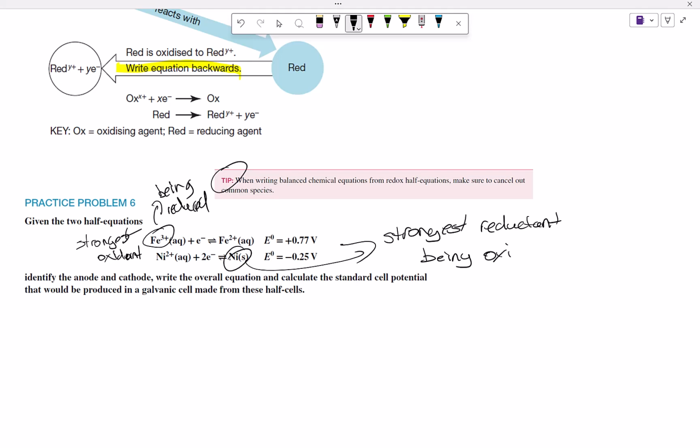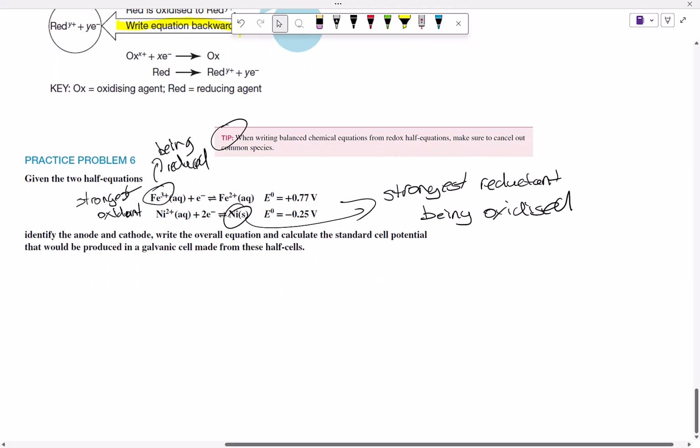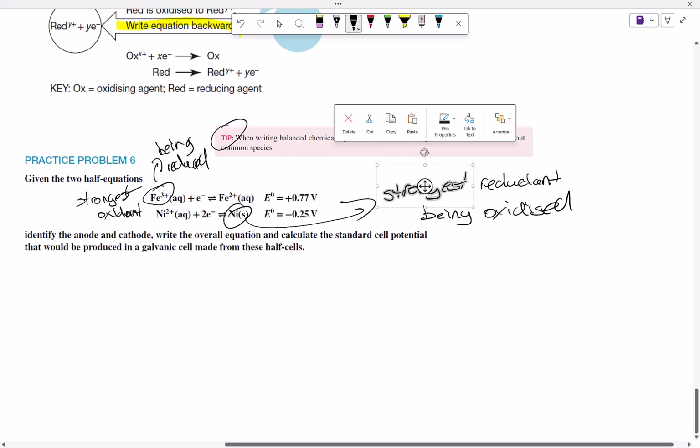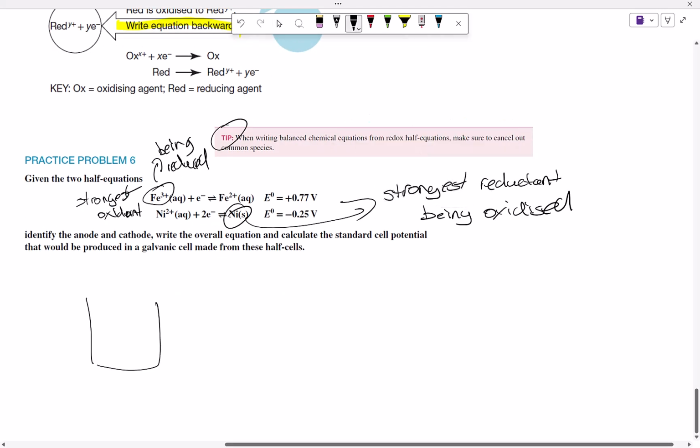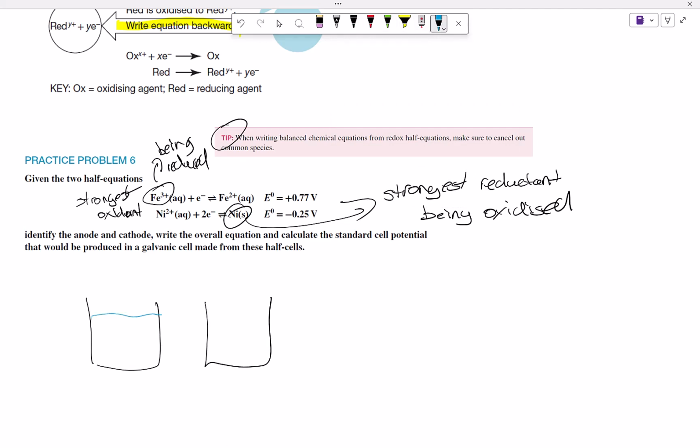Okay, so it's not asking for this, but let's draw a bit of a setup here, just because I can. You don't need to do colors in any of this. I like to just do colors because I can. So between those would be my salt bridge.